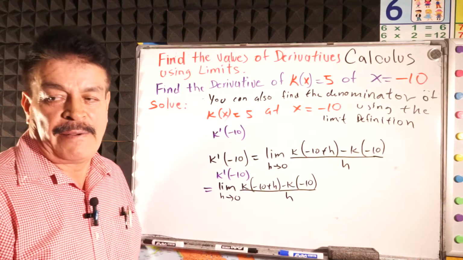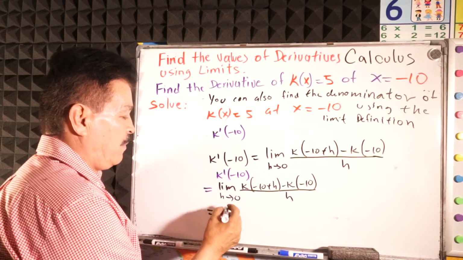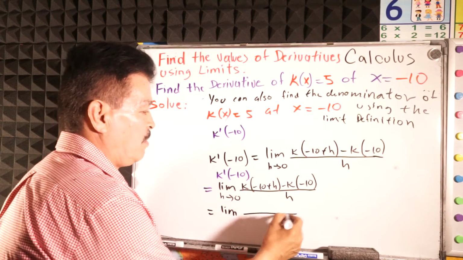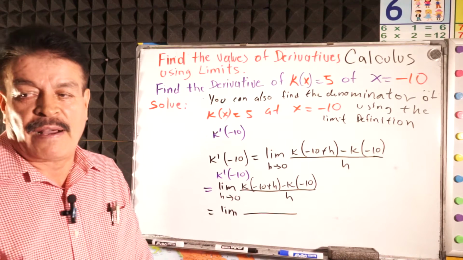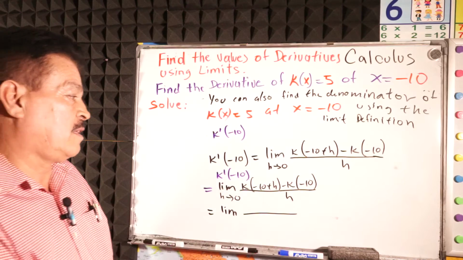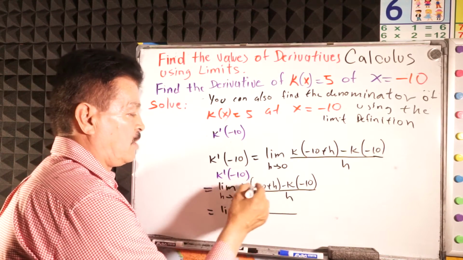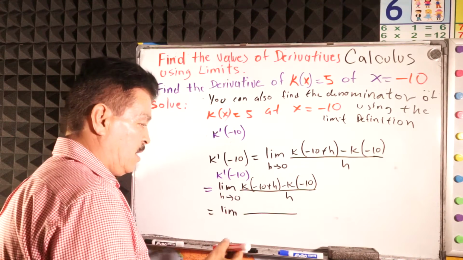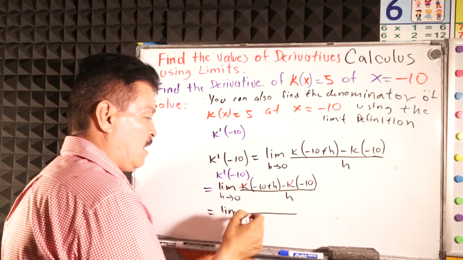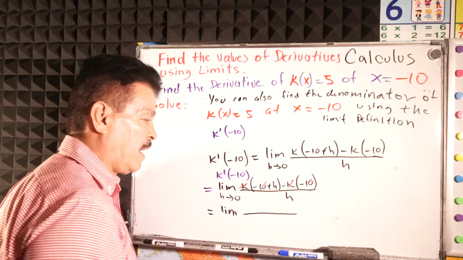Right? Now here we have equals limit. Simplify this. You simplify that, we will have cancel k, because it's a positive and negative, you cancel here. Cancel this, and then also 10, because it's a positive, cancel that. You will have h.